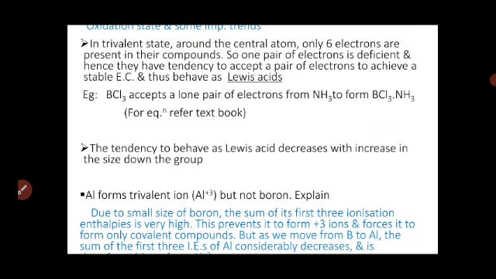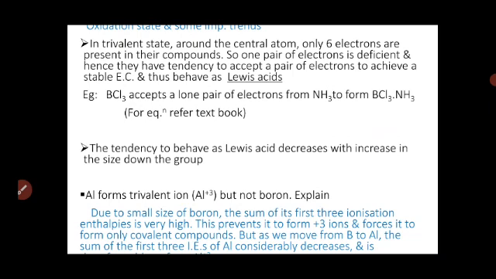So total 6 electrons are present, means they are deficient in one electron pair, that is 2 electrons are less to complete the octet in their valence shell, and hence these elements have the tendency to accept a pair of electrons to achieve stable electronic configuration, and therefore they behave as Lewis acids.